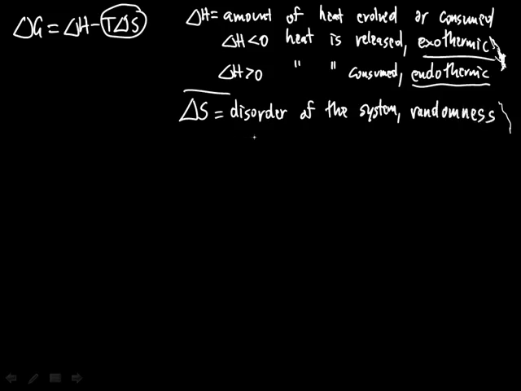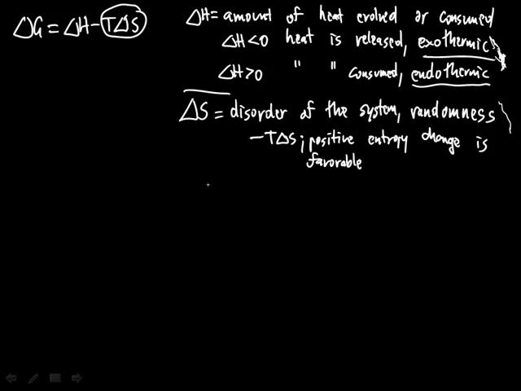It has a negative sign, minus T delta S, which means that the positive entropy change is favorable. Remember, entropy is a measure of disorder in systems. So if we increase the disorder in the system, that is favorable.